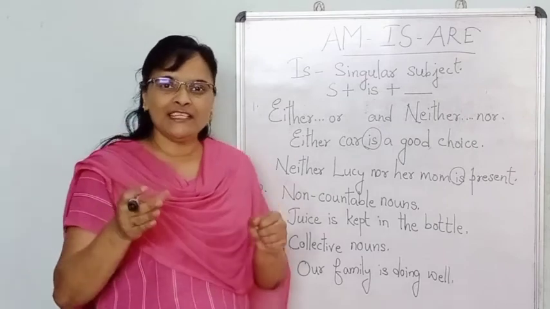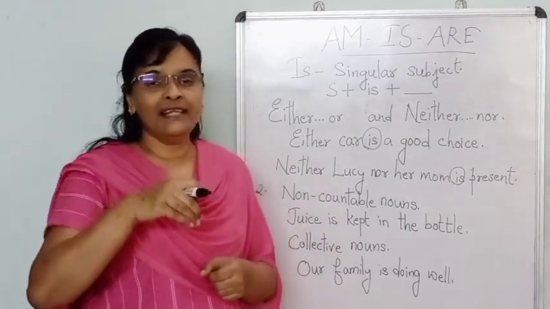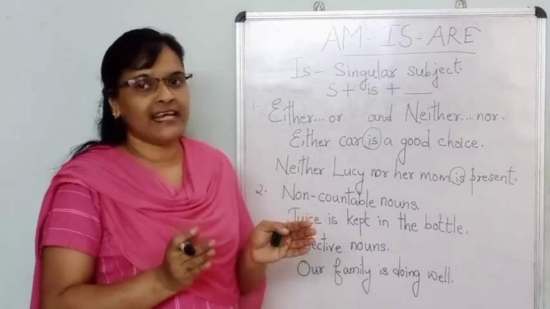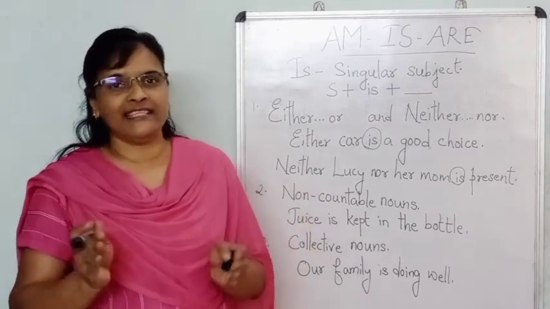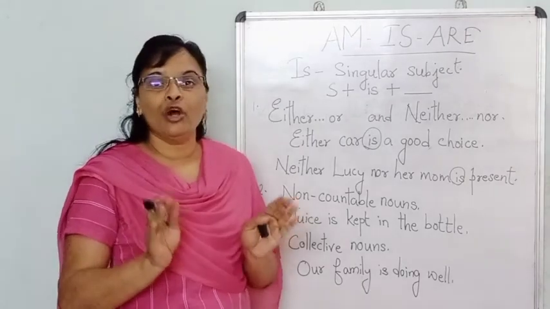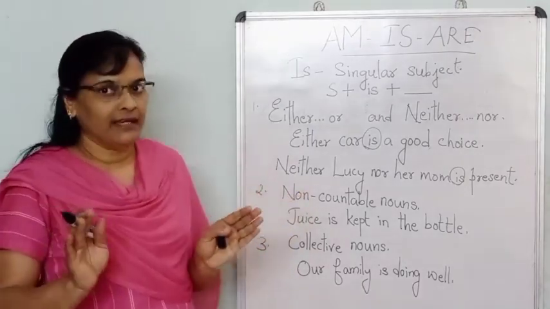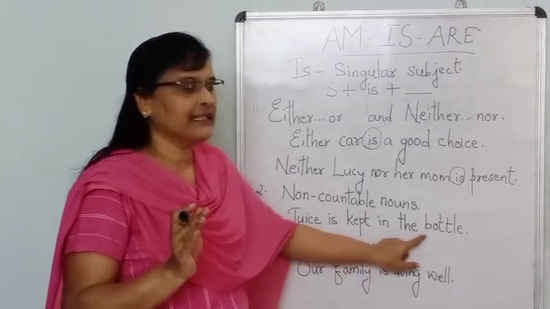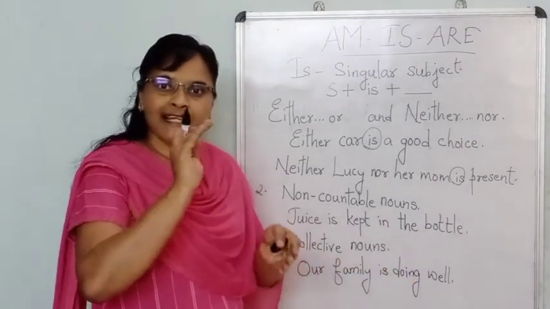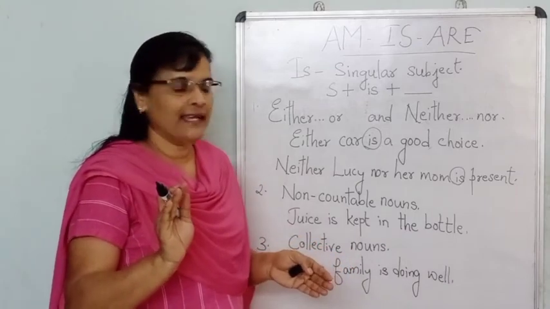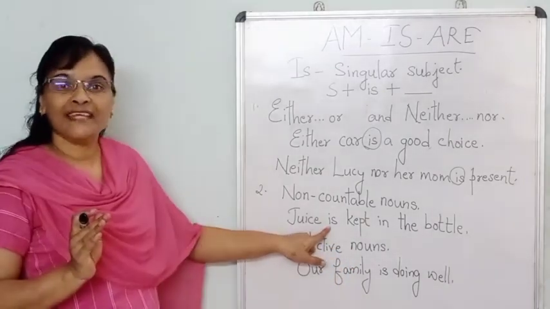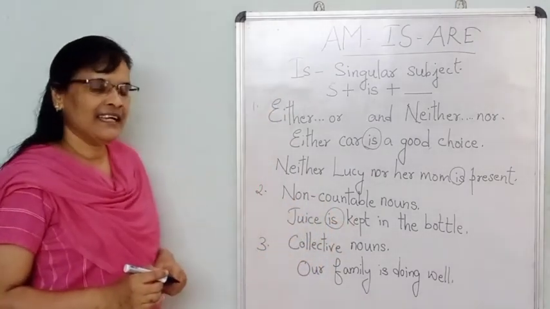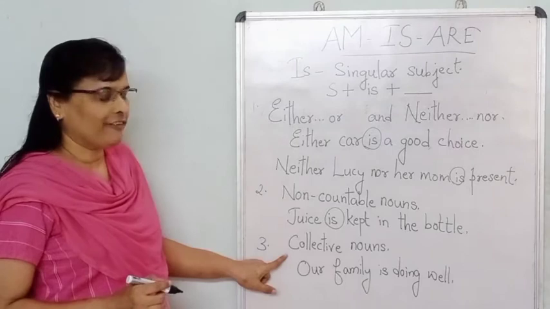But if we pour it in a bottle, then we can measure the quantity, like half liter, 1 liter and so on. But here we are not measuring in that way. In our example, we just said the juice is kept in the bottle. In one bottle it's kept. Okay, so we use is here.